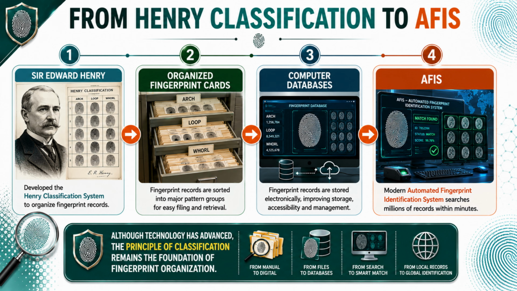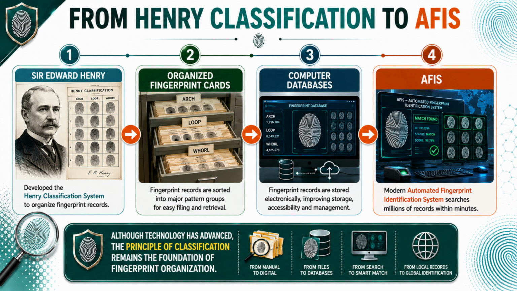Just think of a national fingerprint database containing 1 crore fingerprint records. Suppose investigators recover a fingerprint from a crime scene. Without classification, they would have to compare the fingerprint with every single record in the database. That would consume enormous amounts of time and computational resources.